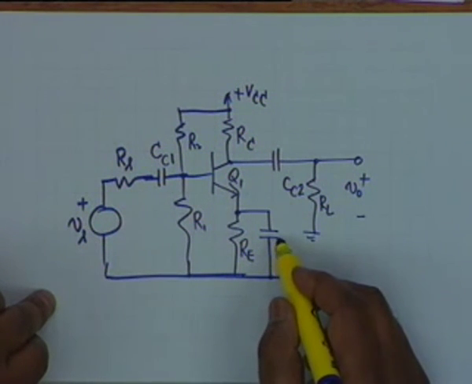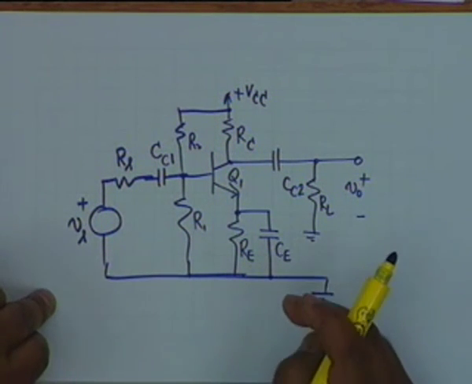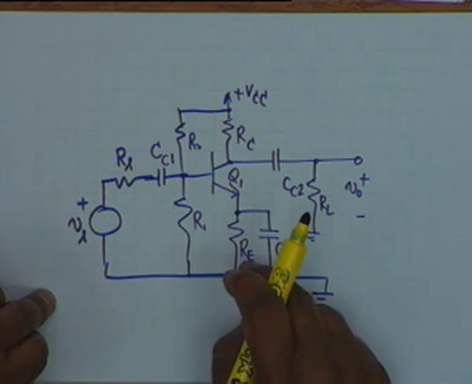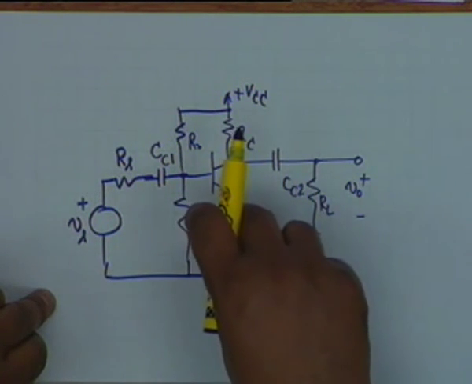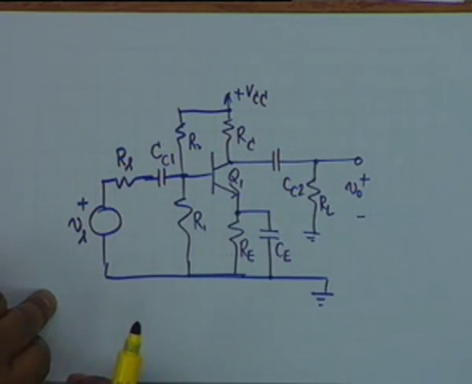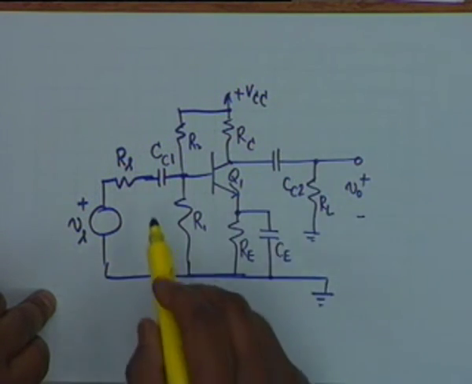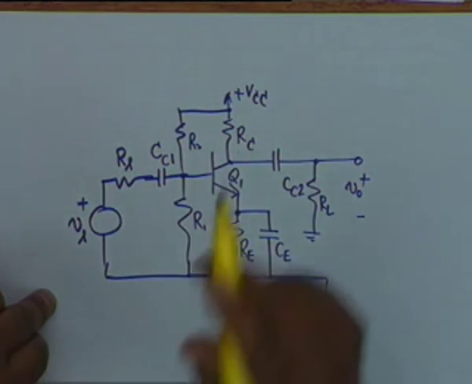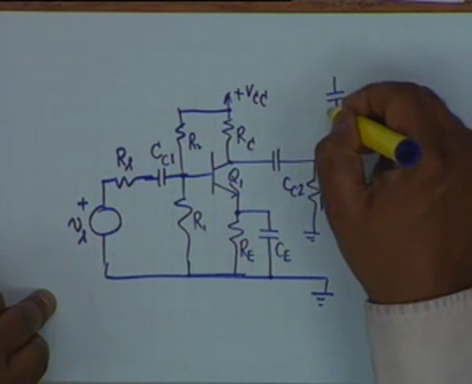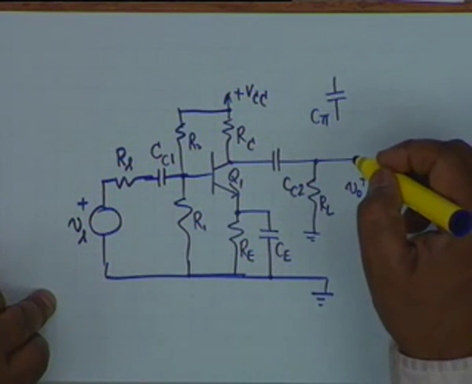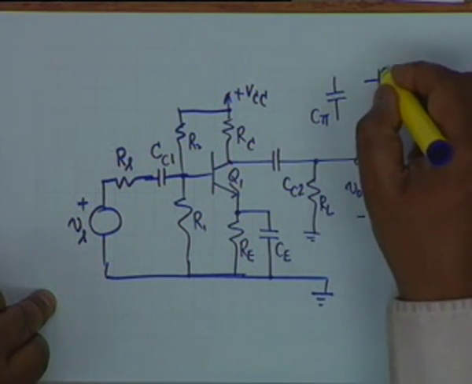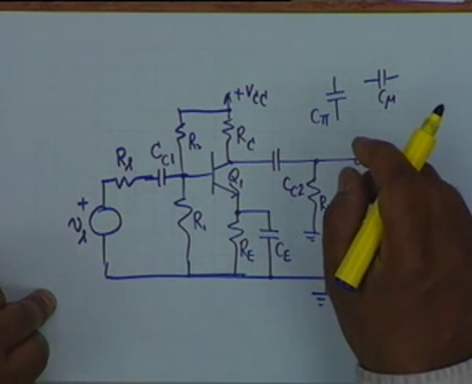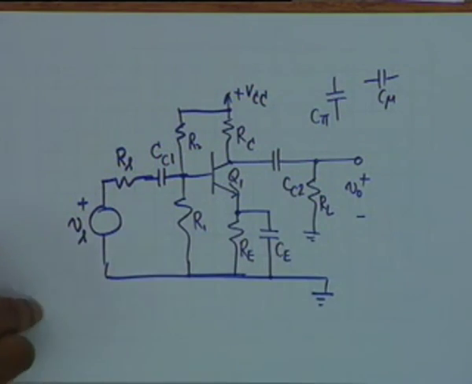This capacitor is called Ce because it decouples the AC from Re. No AC is dropped across Re. AC passes through Ce. Next time we shall see the effect of these three capacitors and also the capacitors C pi and C mu in the transistor model by taking a specific circuit and analyzing it. Thank you.